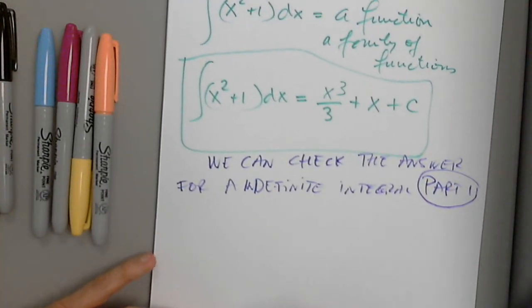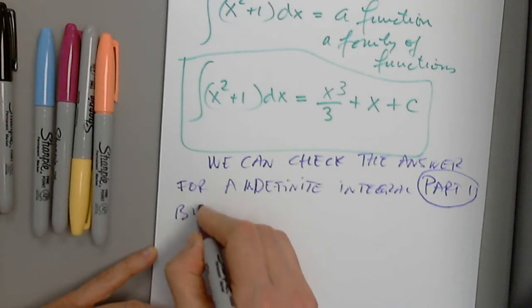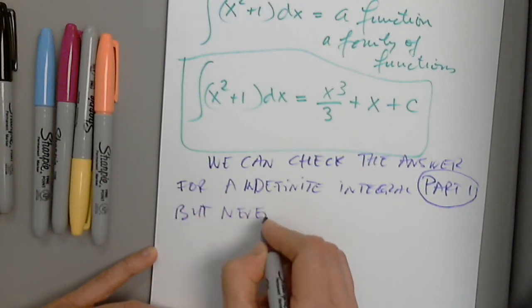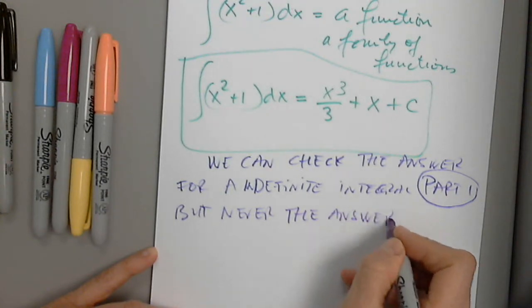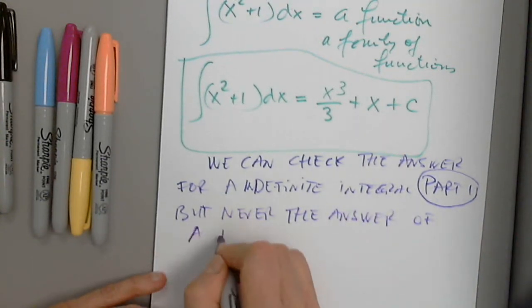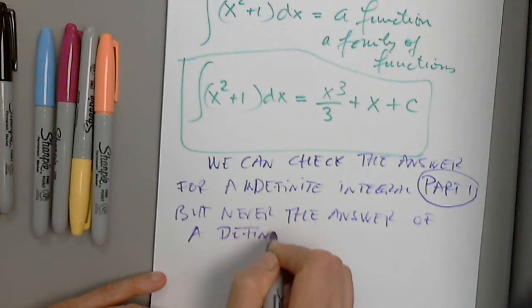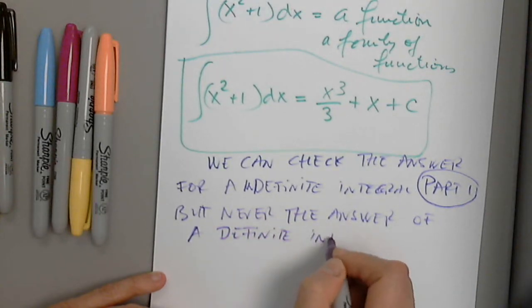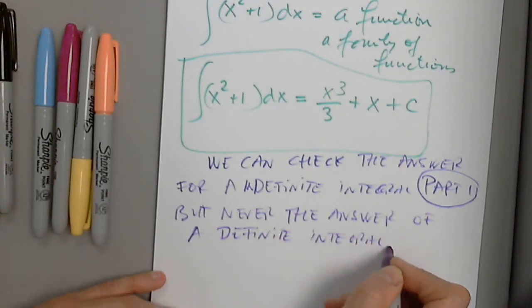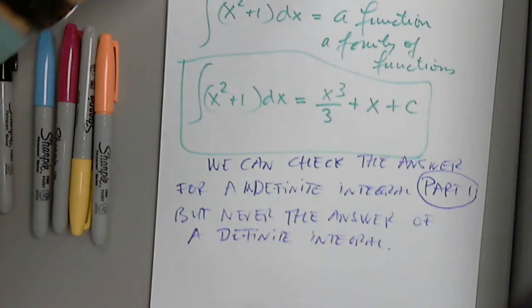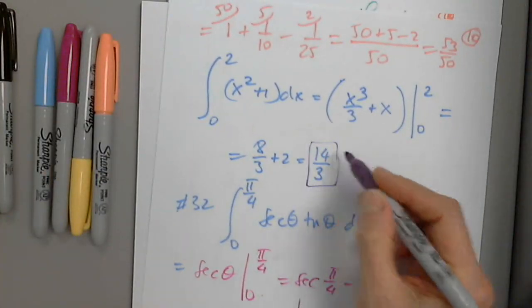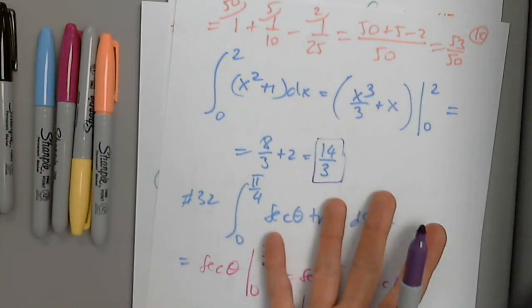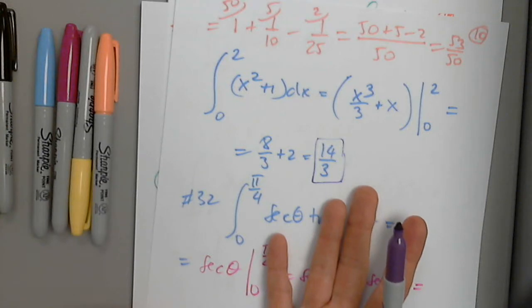I'll explain in a minute. But never the answer of a definite integral. I have no way of checking this number. Yeah, we did it in 2 ways, so it's very unlikely that there is a mistake.